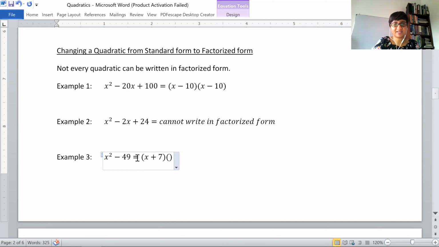X plus 7 and x minus 7. It's not a perfect square. But shall I ask you something?